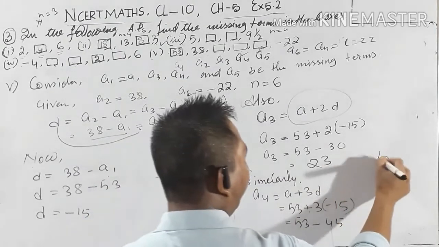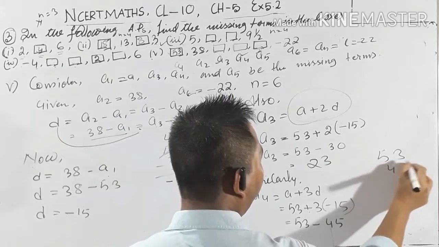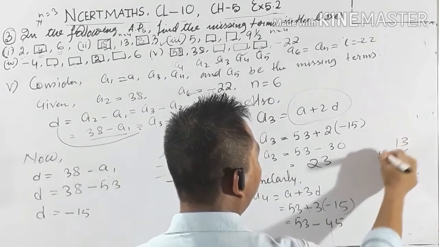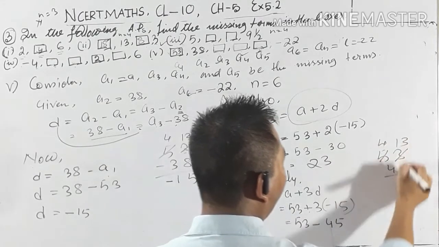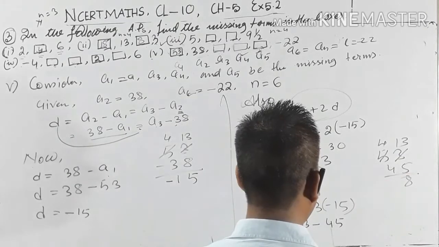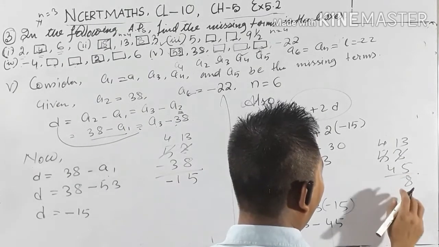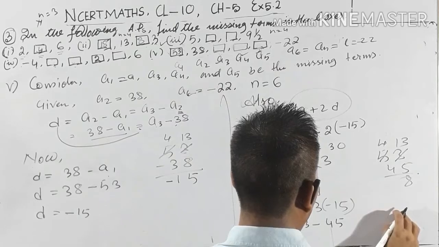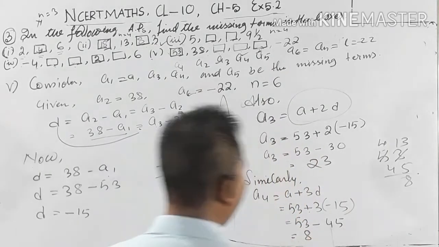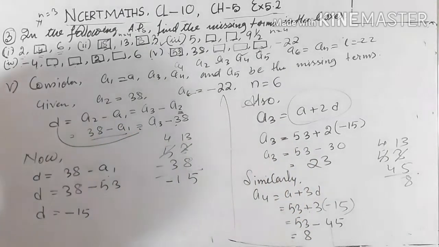And then 53 minus 45 is 8. Yes or no? Yes, that is 8. What is the fourth term? That is 8.